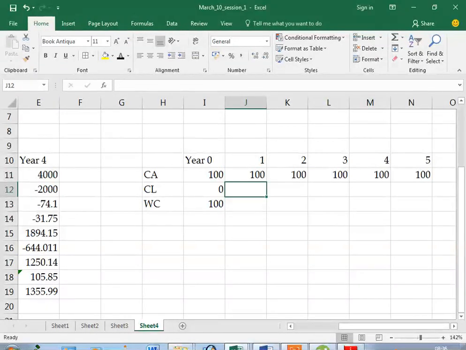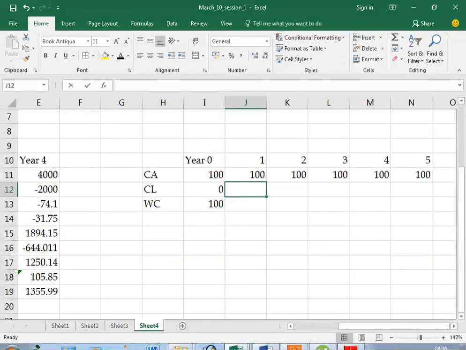My current liability is, at the end of year 1 I didn't pay some expenses. I need to pay some expenses. So whatever expenses I have not paid will get reflected as current liability. The question says 60% of this is paid in cash and 40% is paid in credit. So 40% will be paid only in the next year.